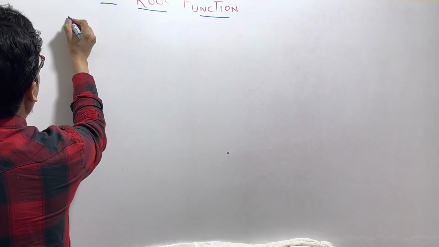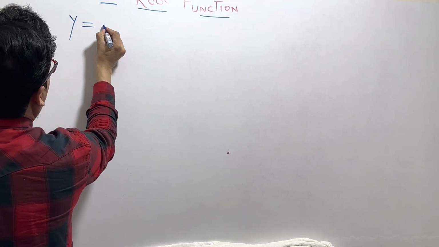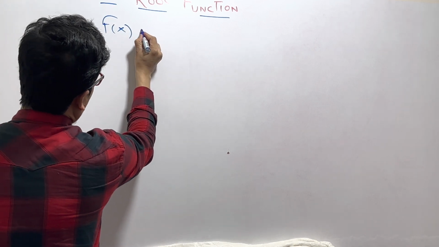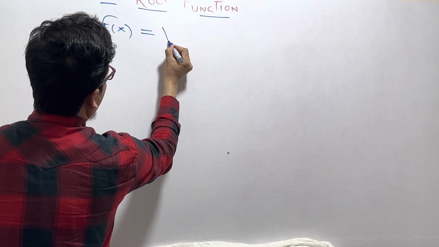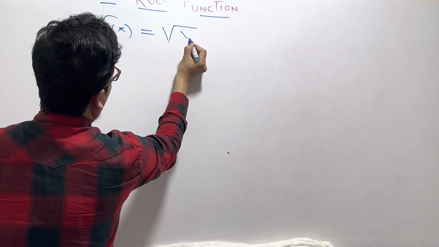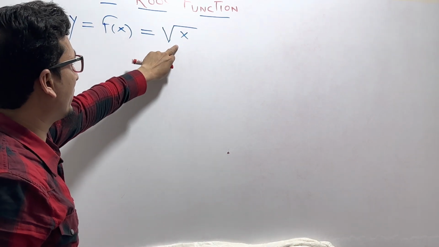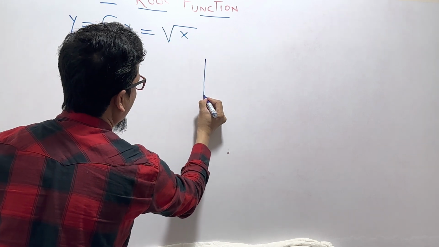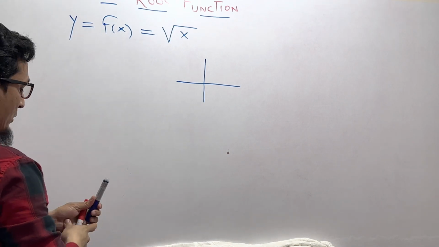The equation will be y is equal to f(x). You can say f(x), you can say y, both are the same thing. And this is equal to square root of x. So f(x) is equal to under root x, and the graph of under root x is always this one.